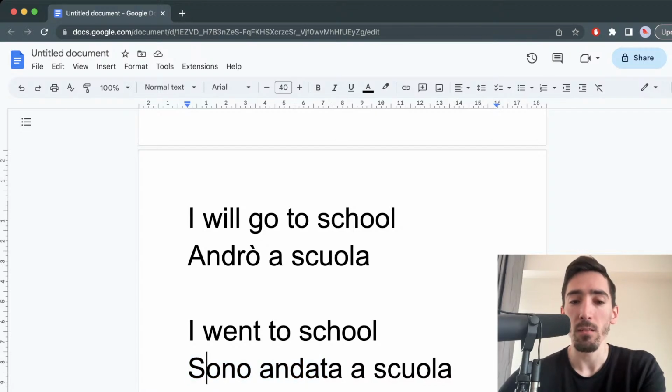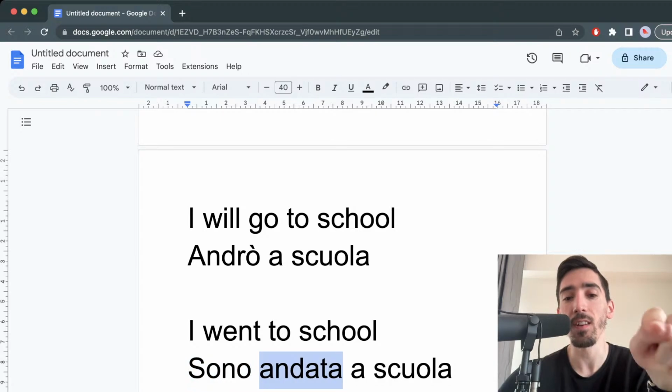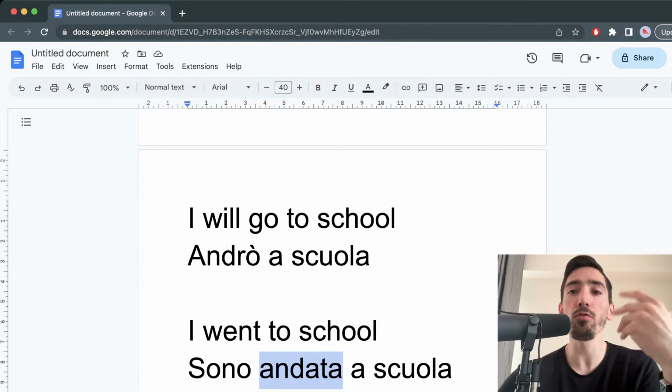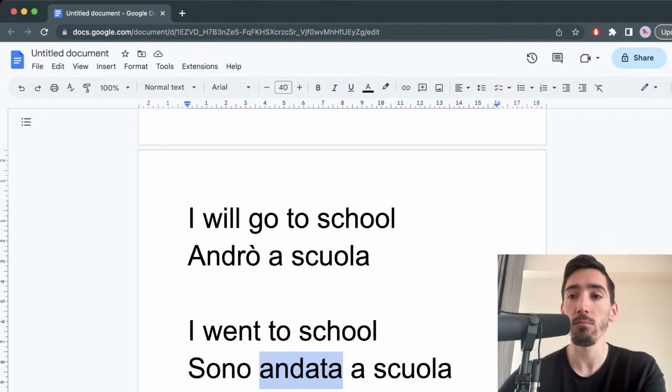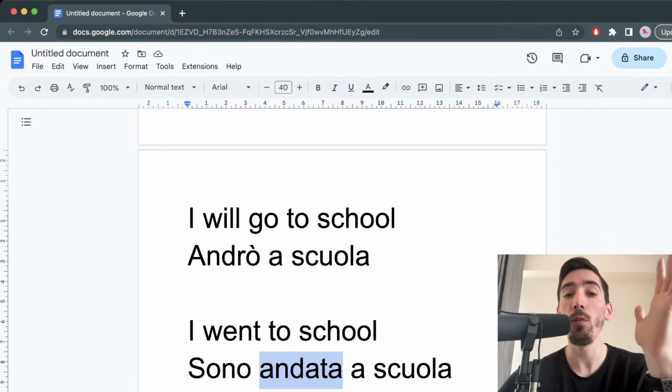Why don't we use the verb to have? Because the verb to go is intransitive, right? We don't go someone, we don't go something. We go to a place, a location, whether that's physical or just a figure of speech, doesn't matter.